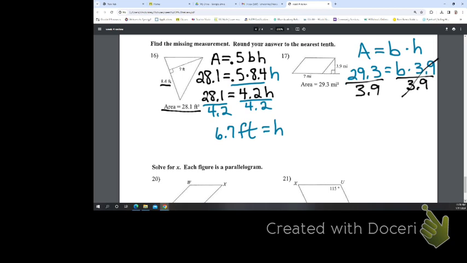Because we want to get that b by itself. Again, pretty messy. I got 7.51, etc., so I'm going to say 7.5. And I see my height was in miles, so this is in miles.